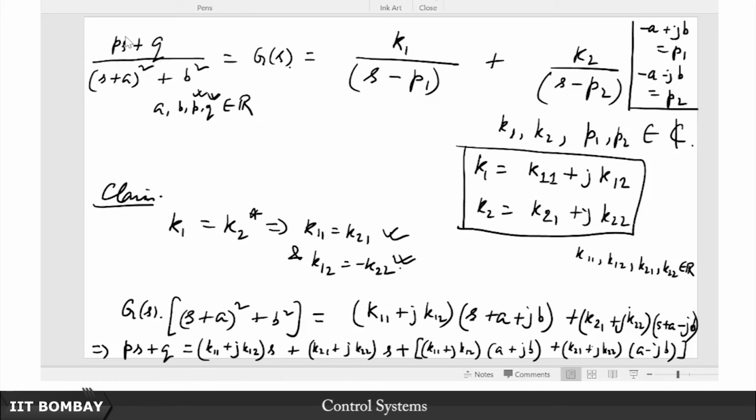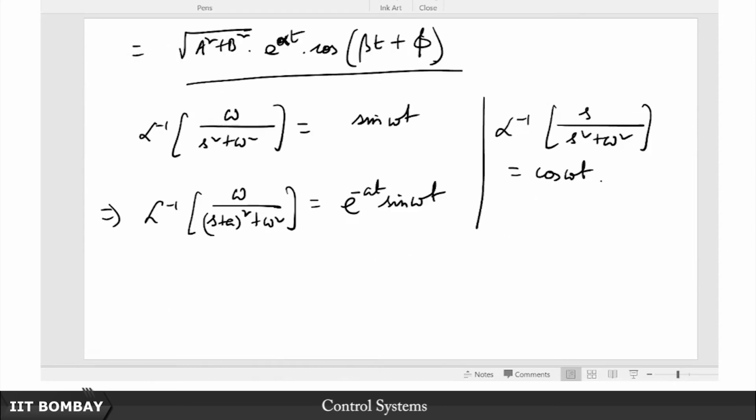So you pull out p common, and in the second term you pull out q by b common and you have a b on top here. Then straight away you can apply this complex shift property to this Laplace inverse and you will get the answer.